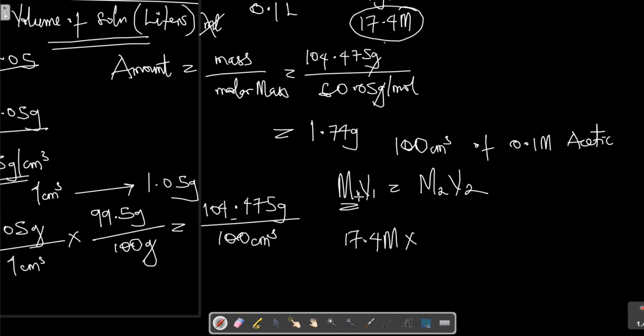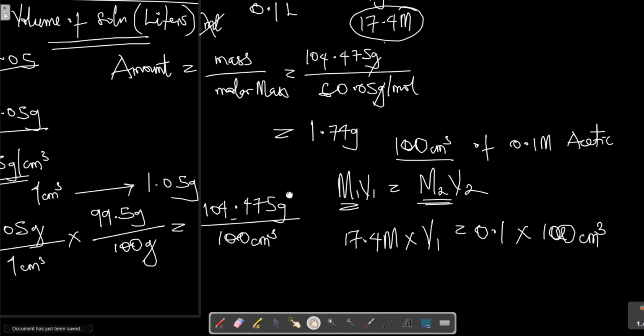You want to determine what volume of the stock solution you need to measure to prepare 100 ml or 100 cm cube of 0.1 molar acetic acid. Then your M2, which is your final concentration, is 0.1 times V2, which is 100 ml or 100 cm cube. When you make V1 the subject of the formula, you get your answer.